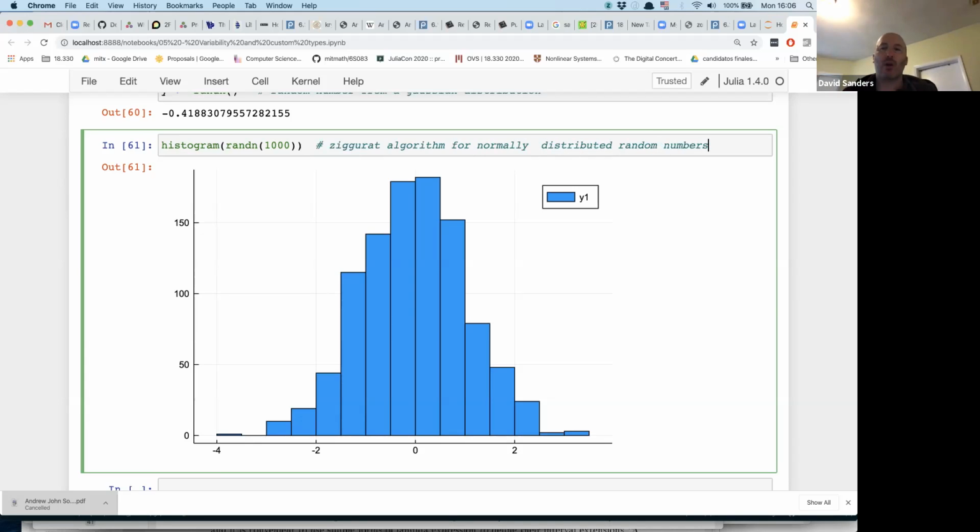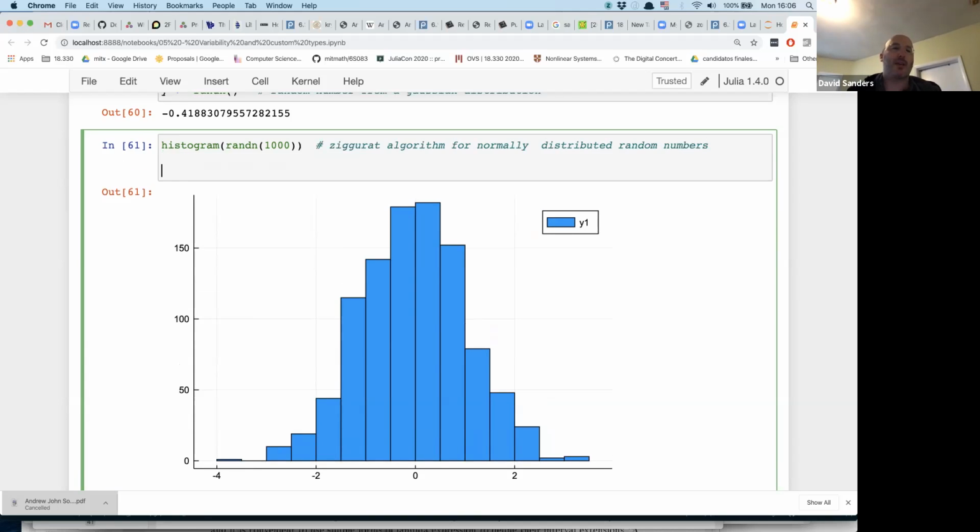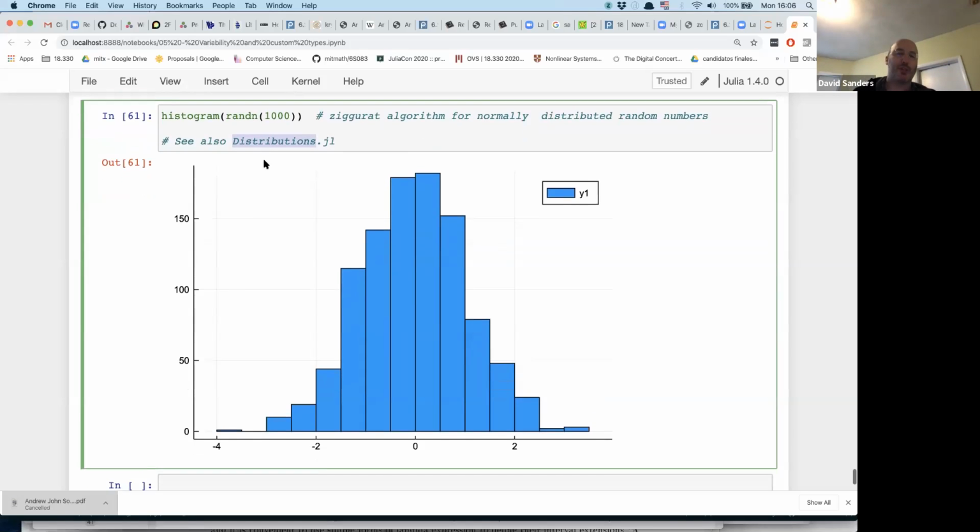You can generate all kinds of distributions, and you'll see that the Distributions.jl package has a load of probability distributions. If you need to generate a probability distribution with a particular behavior, it's probably already in this Distributions.jl package.